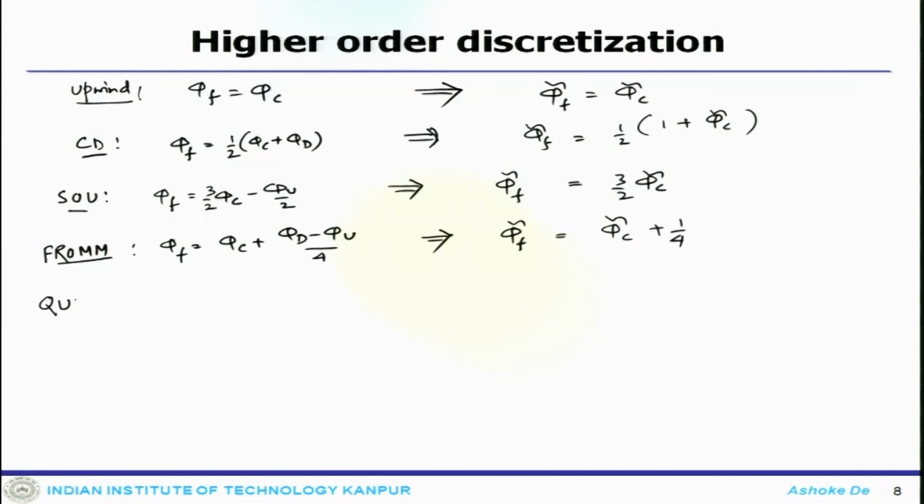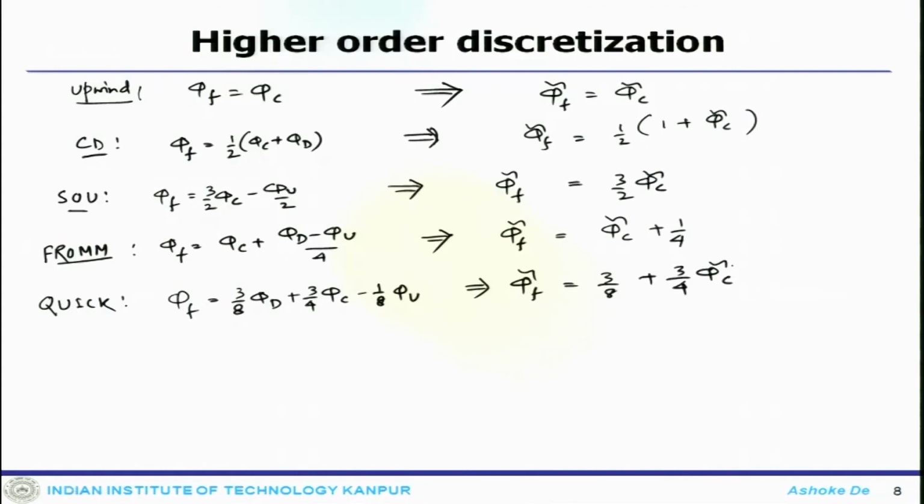Then the QUICK scheme, which is phi f equals 3 by 8 phi d plus 3 by 4 phi c minus 1 by 8 phi u, will get transformed to 3 by 8 plus 3 by 4 phi c tilde.